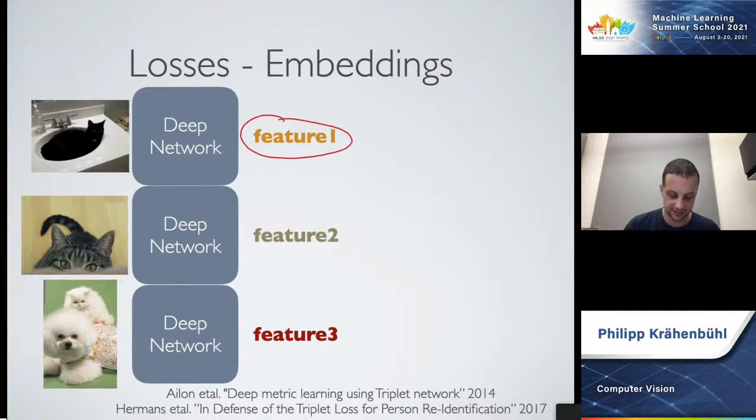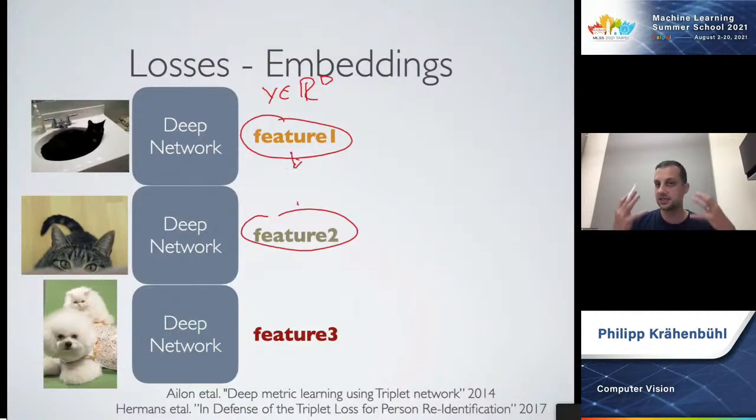And this really is going to be some sort of feature y in real numbers in some dimension, right? And you want to output this feature vector such that features from the same class, or from the same instance, or whatever you want to classify, are the same, but features from different classes are different, right?